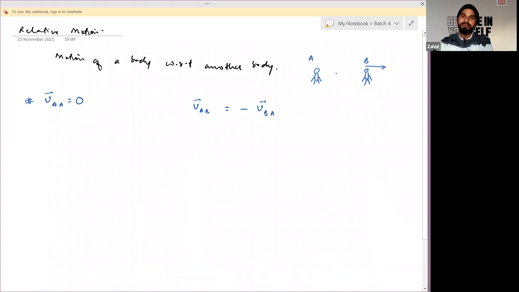That's why from each of their notations, we can assign a negative sign, and the magnitude of velocity for either of them will be the same. So first is velocity of A with respect to A itself, then velocity of A with respect to B equals negative velocity of B with respect to A.